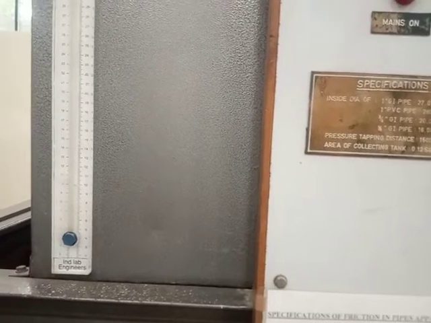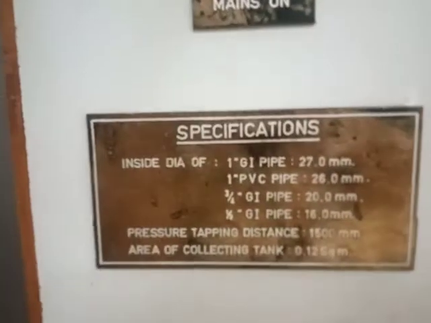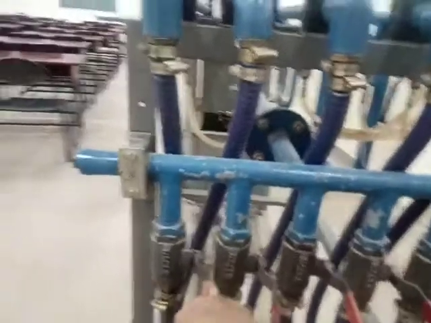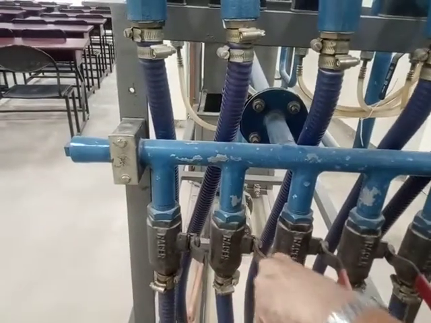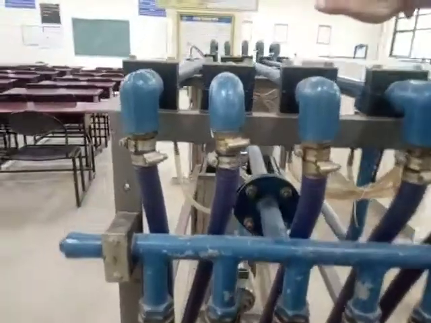So how do you do that? First, you need to close the regulatory valve of the first pipe, that is this valve. So you need to close this and you need to open this. The same experiment has to be continued.